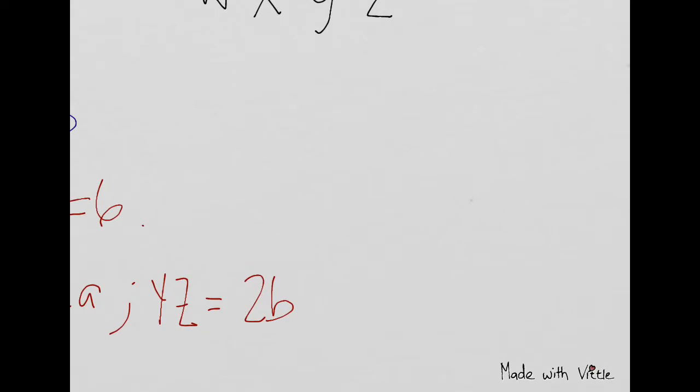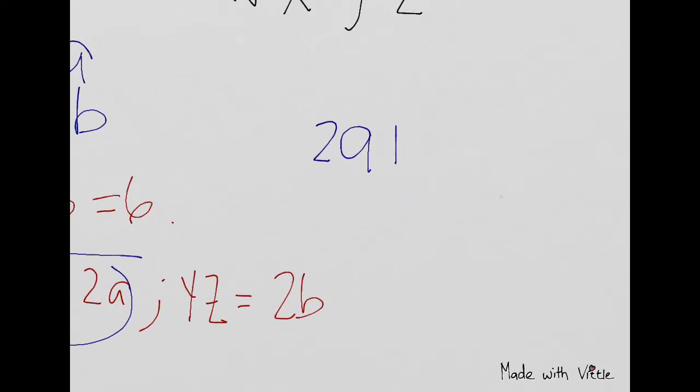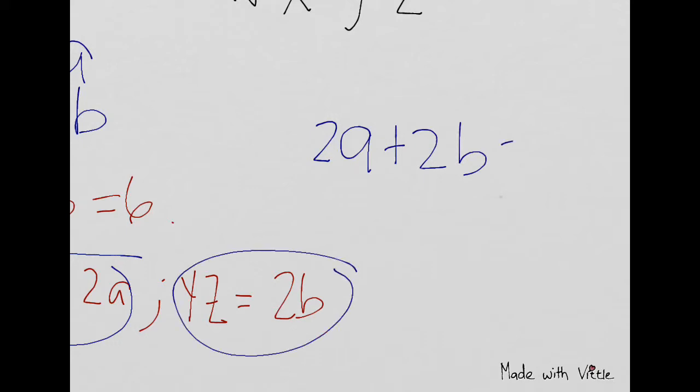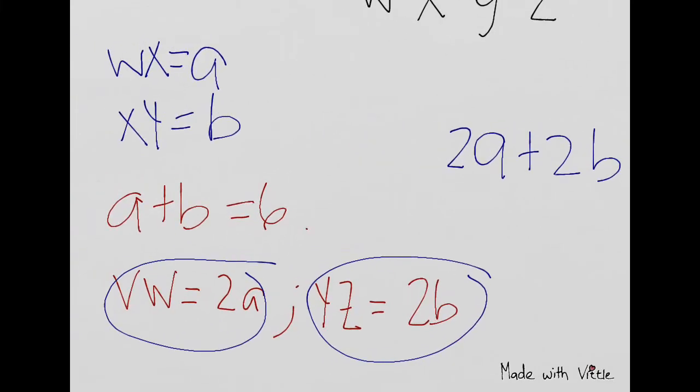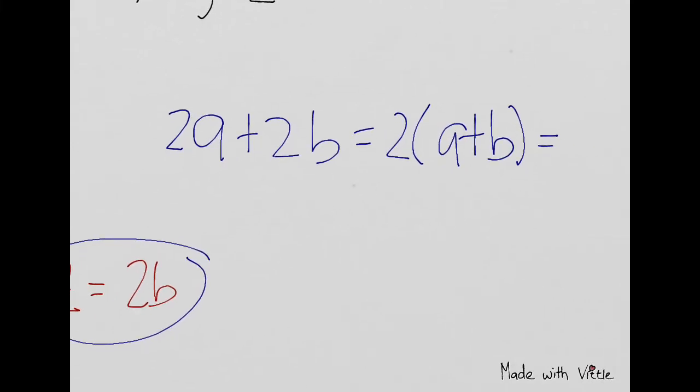So now our equation would look something like this. We would have 2A from this over here, the VW, plus 2B, the YZ, equals 2 times A plus B equals 12.